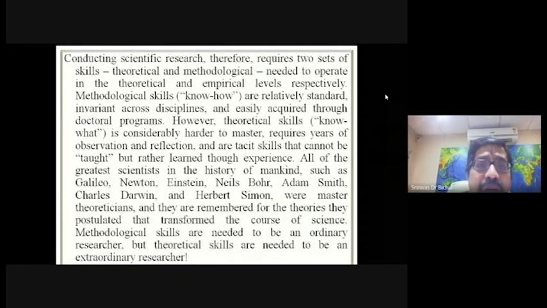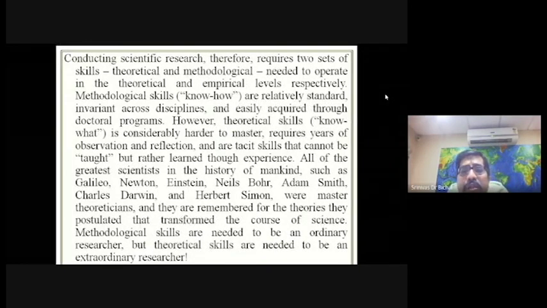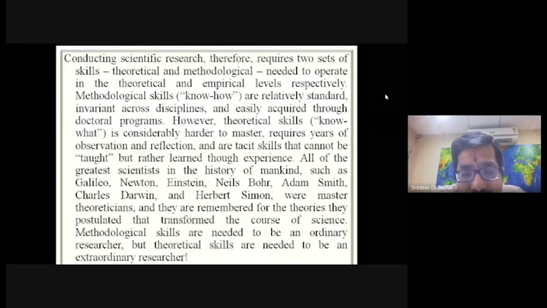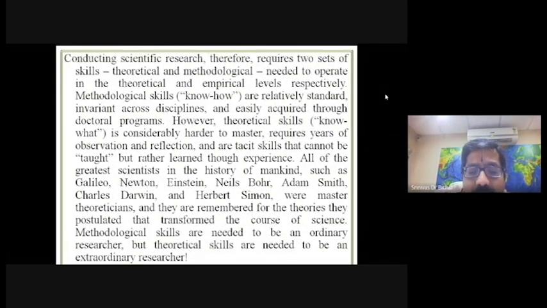Now, it requires both skills, theoretical and methodological skills. You have to have that know-how. That is, you have to look at various disciplines across. Then you have to know what is happening. Suppose you talk about physics, then you should also know what's happening in chemistry, because both go parallel. Suppose I am doing research in geology, I should know what's happening in physics and chemistry also, because each of the sciences is interdependent.